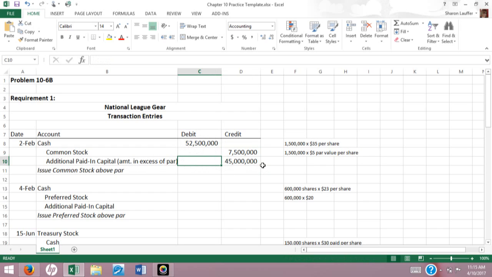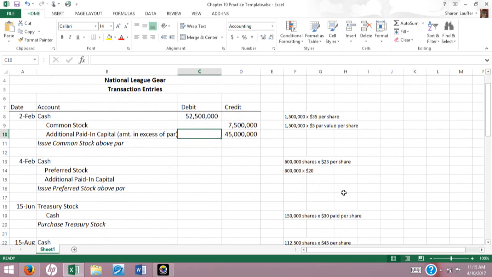Now, if you wanted to do that mathematically, this would be the 1.5 million shares times the amount of cash received less the par value. So it's 1.5 million shares times $30 a share, which is the amount that you were paid per share that's above the par value. So that is how you're going to record a sale of common stock that is made above the value of par.